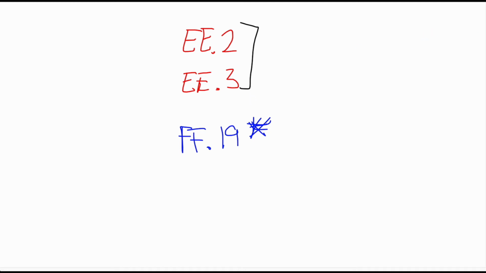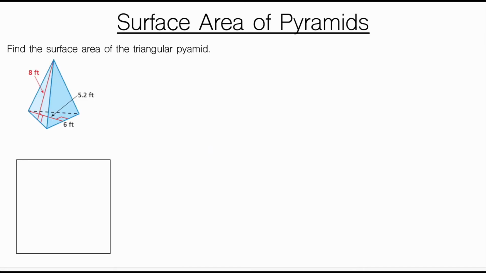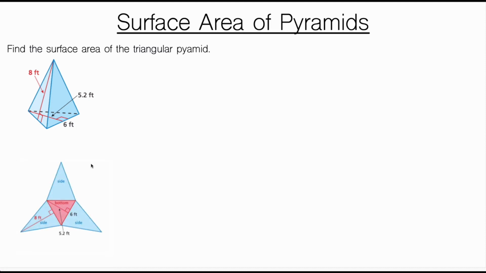Just in case you forgot how to do that, I'm going to very quickly go over the basics. Here is a pyramid. It's a triangular pyramid because the base is a triangle. To find the surface area of this pyramid, you need to take the shape and unfold it.